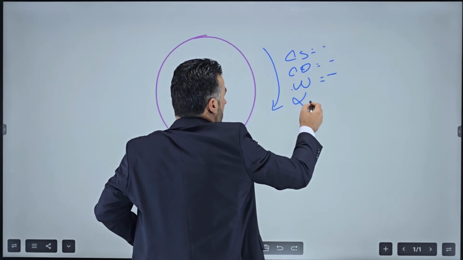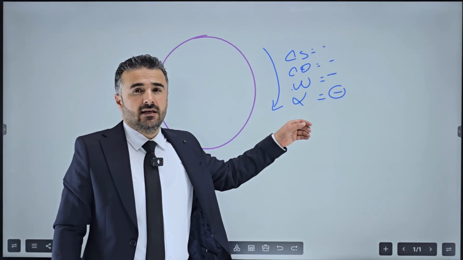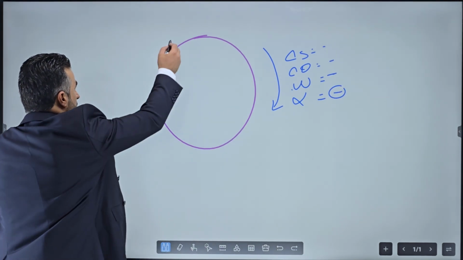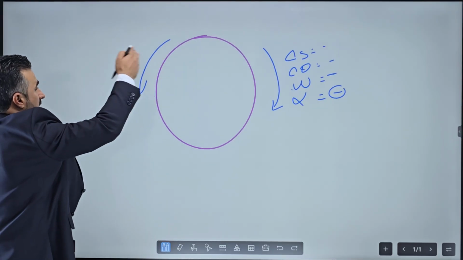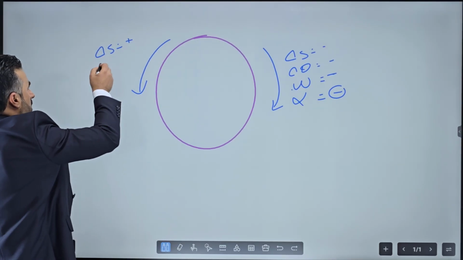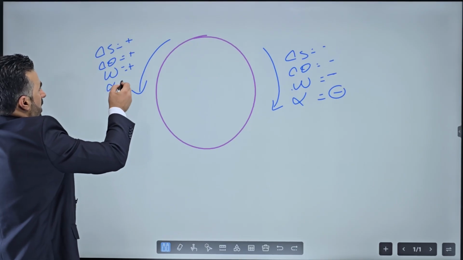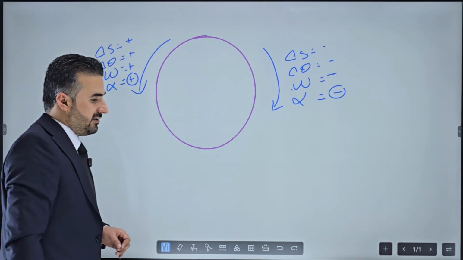Now we can add the angular acceleration too. That is also negative if the rotation is clockwise. What if the rotation is counterclockwise? Then all these, of course, are going to be positive here. So arc length, angular displacement, angular speed, and now angular acceleration will be positive too.